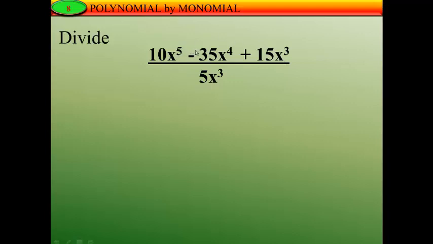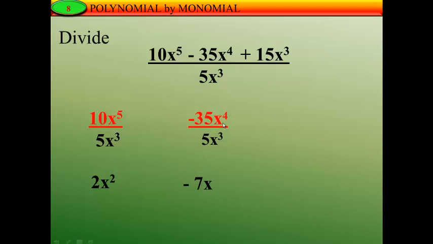Just be careful with the sign of your coefficients in your numerator. So this one is positive 10x⁵ divided by 5x cubed, negative 35x⁴ divided by 5x cubed, and positive 15x cubed divided by 5x cubed. The first will just be equal to 2x squared. Next, negative 35x⁴ divided by 5x cubed: negative 35 divided by 5 is equal to negative 7, and then x raised to 1.